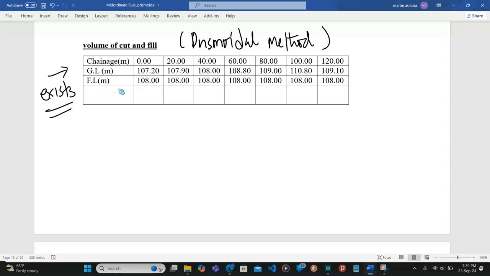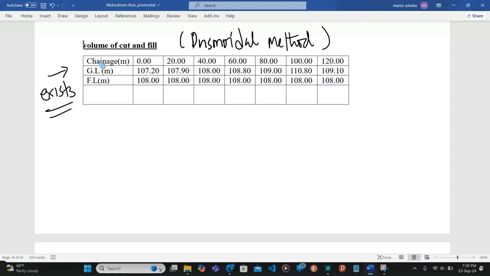So that means this is going to include a fill. If we find that the finish level is lower than the ground level, we shall be doing the cutting.